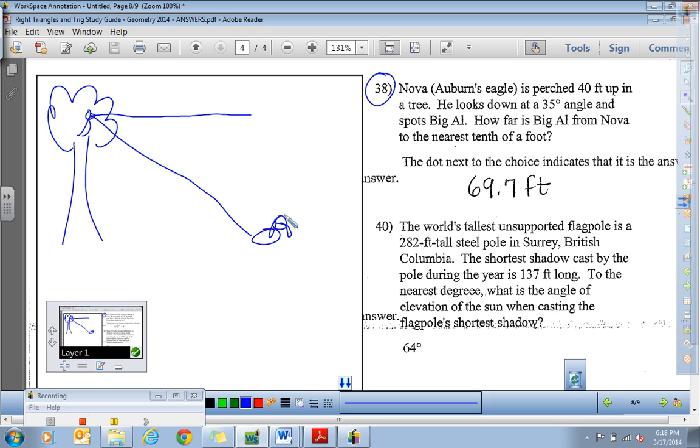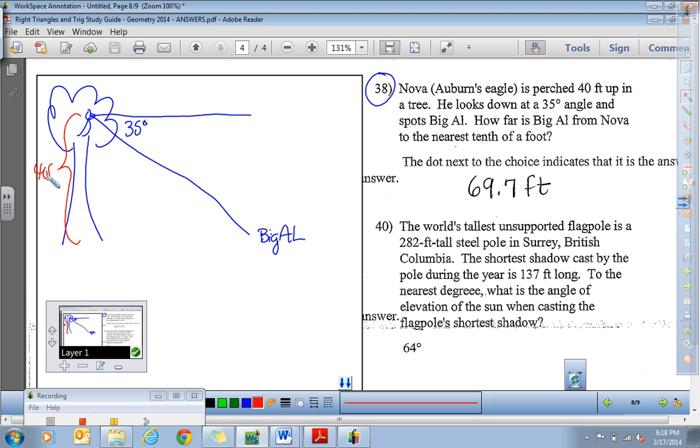We'll just do this. He spots the owl at an angle of depression of 35 degrees, because he's looking down. And we know that he is 40 feet up in the tree. So let's do different colors.